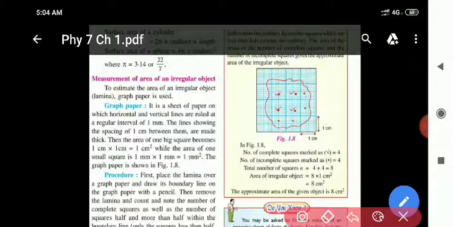See, the number of complete squares is 4, and the number of incomplete squares marked as dot equals 4. Total number of squares equals 4 plus 4, 8, and area of the irregular object equals 8 into 1, that is equal to 8 centimeter square. So the approximate area we can calculate is 8 centimeter square.